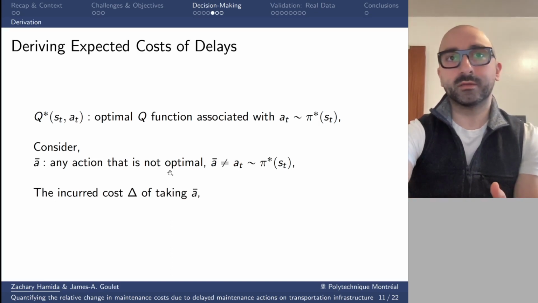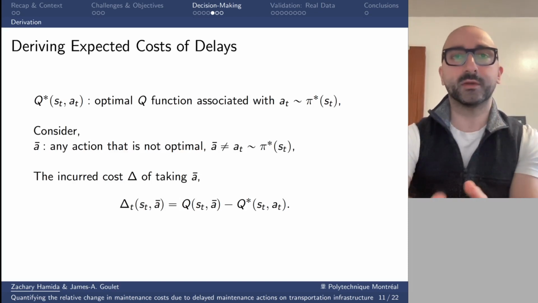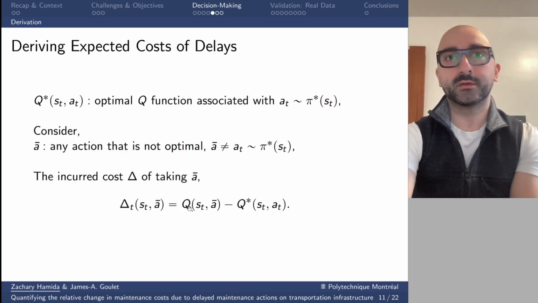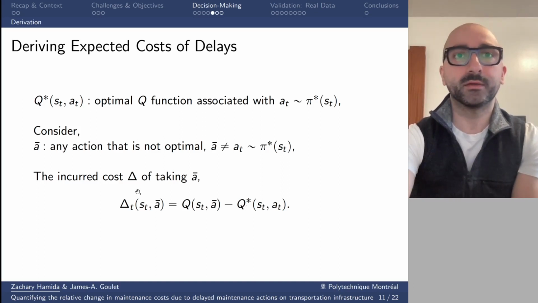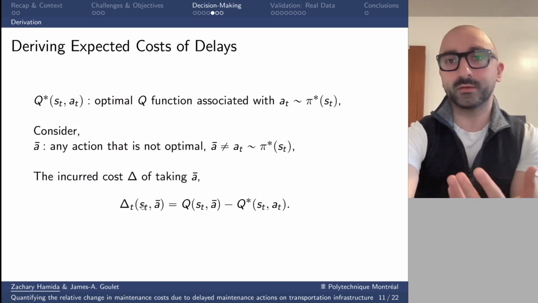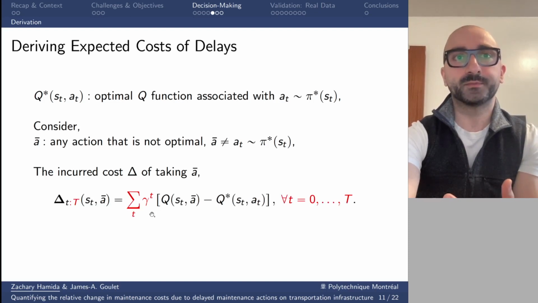This incurred cost, delta, can be defined as the difference between the Q function of taking the suboptimal action minus the Q function while taking the optimal action, which is the Q star here. So this is the delta, the incurred cost, we can call it, for taking the suboptimal action.